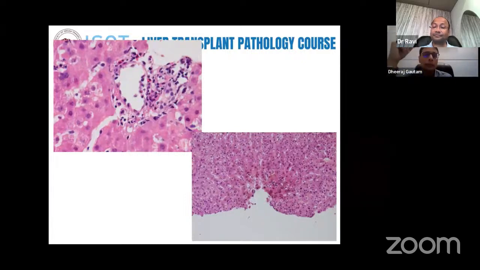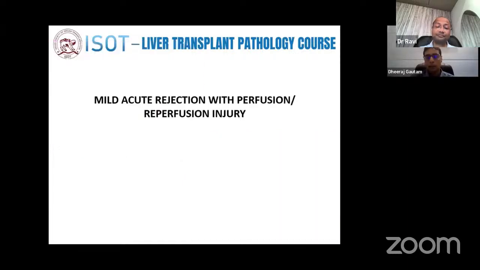There are eosinophils and lymphocytes in this photograph. There's endothelitis. Then in zone 3, around the central vein, there are changes of cholestasis, and there's a loss of hepatocytes around zone 3. On the basis of this, we gave a diagnosis of mild acute rejection with perfusion reperfusion injury.